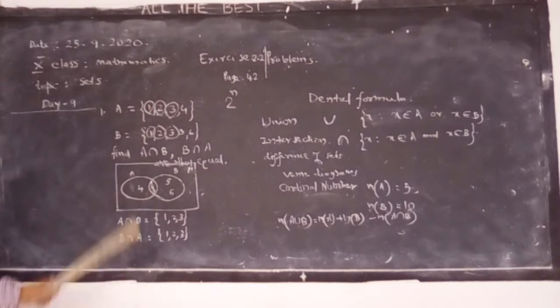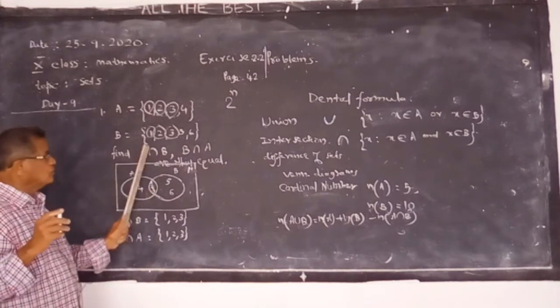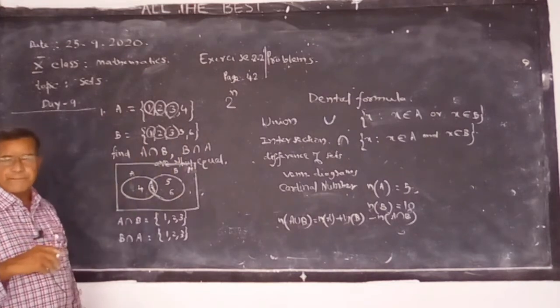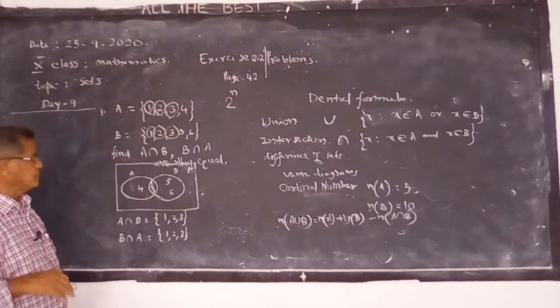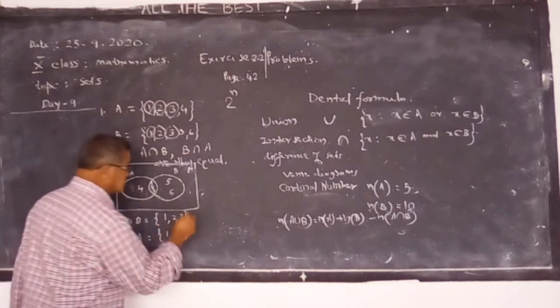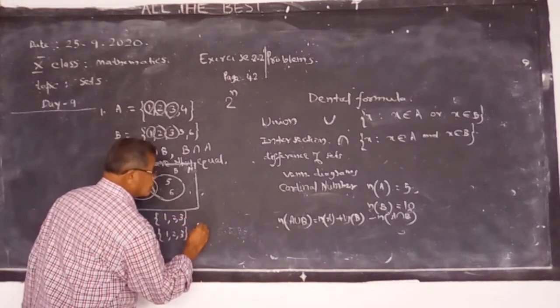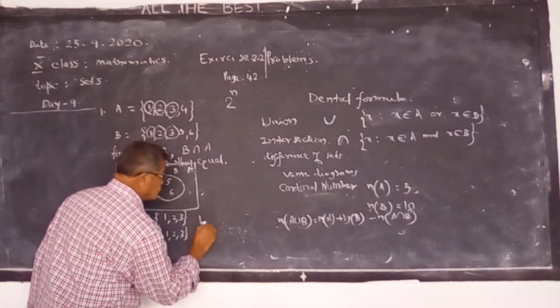In union also, A union B equals B union A. We call this the commutative property. So both are equal.